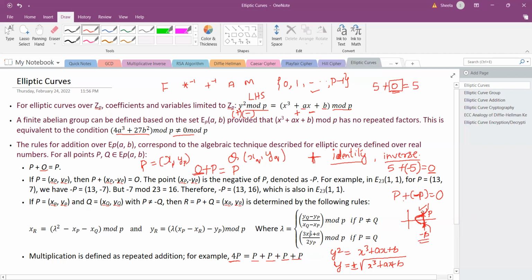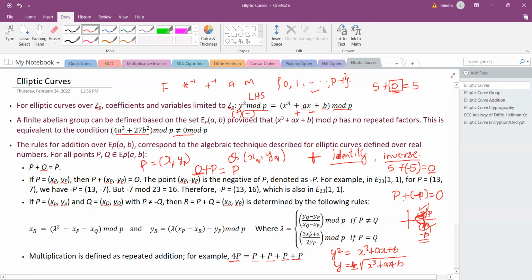So according to that, this will be the inverse of this point and this will be the inverse of this point.